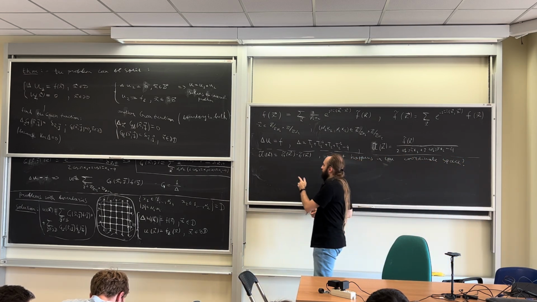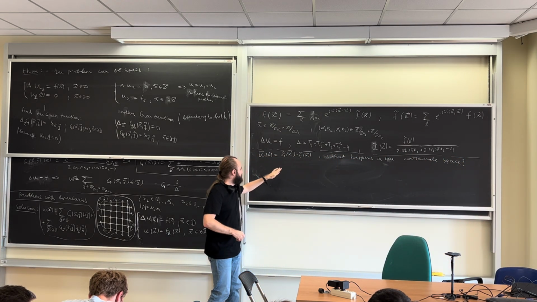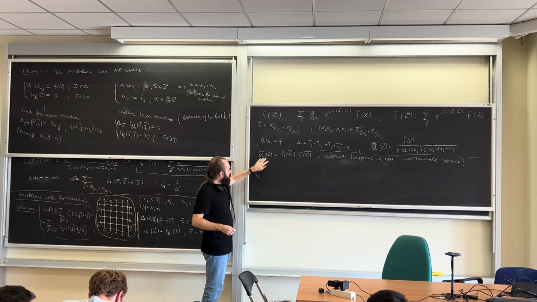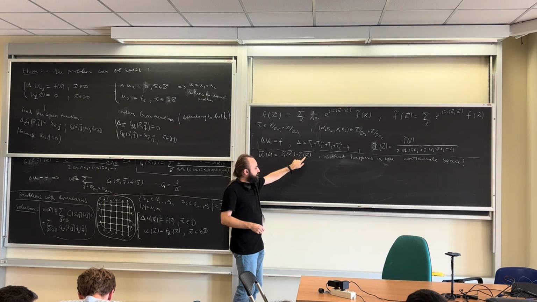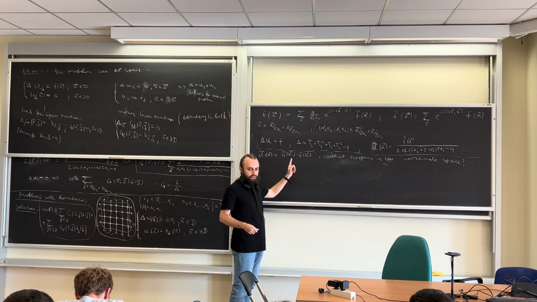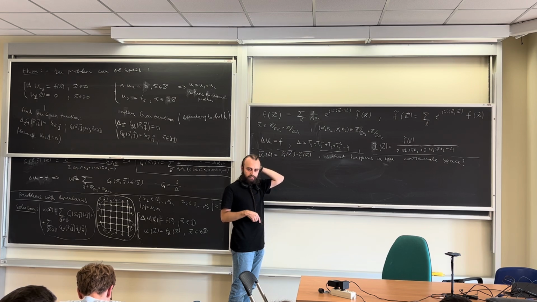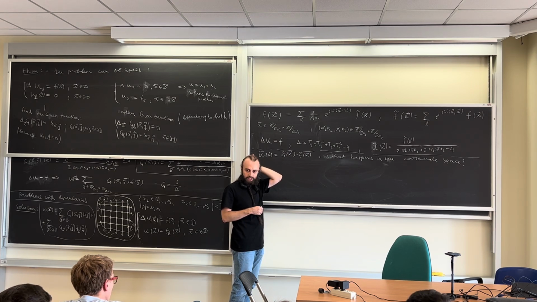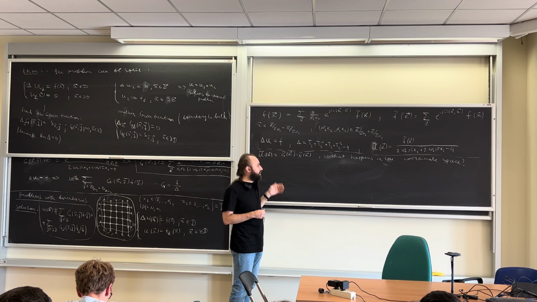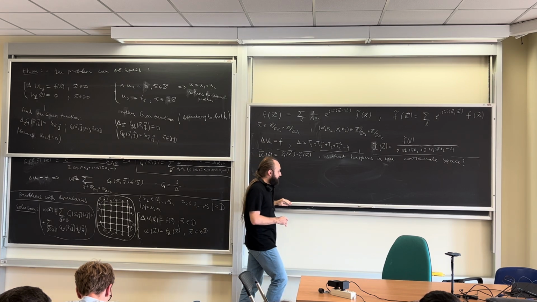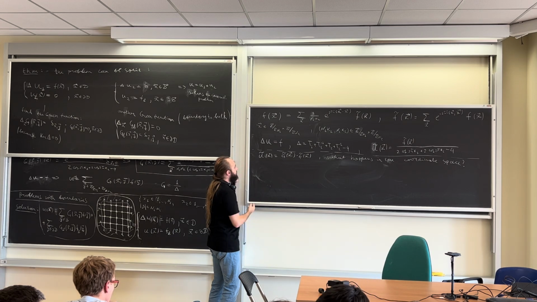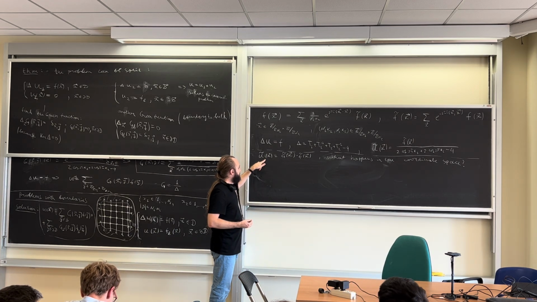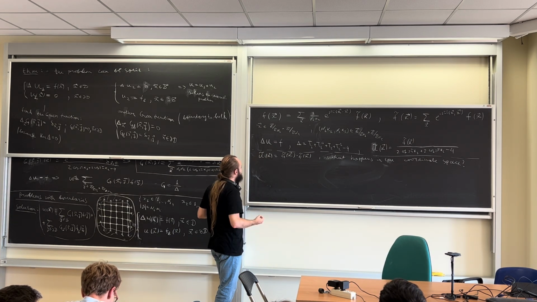So we have this formula, and we want to express u of x in terms of g of x and f of x. Is this question clear and natural? Let us do it in a stupid way.